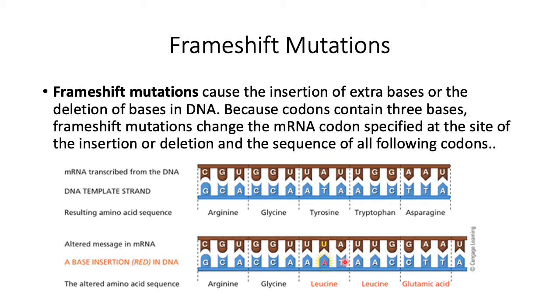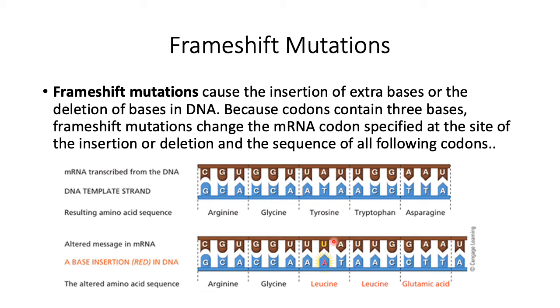We have 1, 2, 3. And now this is another triplet, 1, 2, 3. And we have another triplet, 1, 2, 3. And this extra one right here, in the end, will continue on. But the point is that this extra nucleotide completely shifted where the codons start and stop. As a result, you end up with different amino acids down the line.